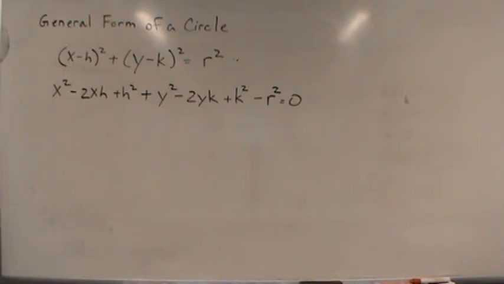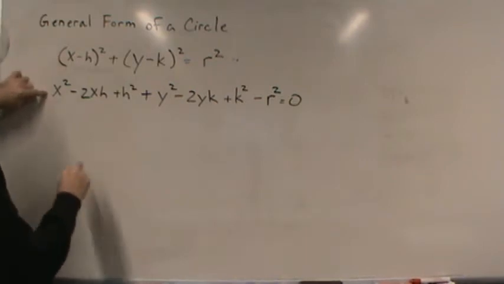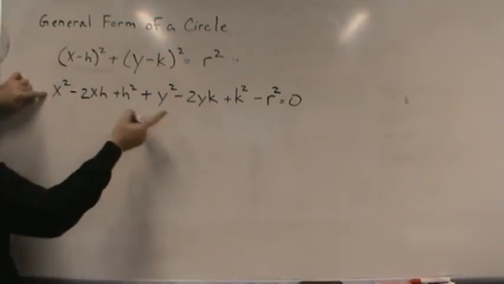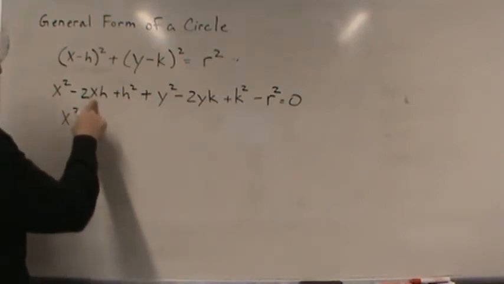Now I'm going to group things up in terms of x and y and simplify things. So I've got an x squared here, and there are no other x squared terms. And then I've got an x here.